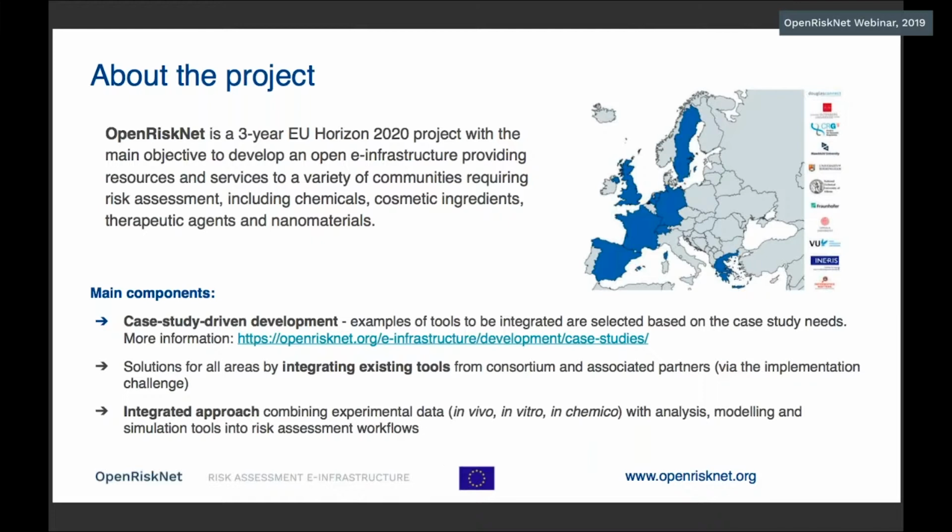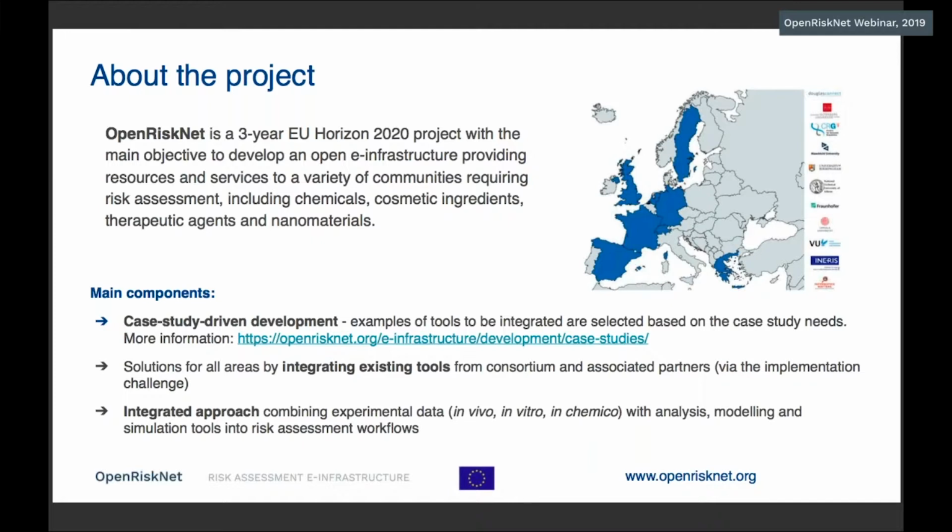So a little bit of background about OpenRiskNet. It's an EU-funded project, which is coming up to the end of a 3-year period, which is in the end of November. The idea is it's looking at risk assessment, so toxicology, and being able to determine the risks that are associated with materials or substances.